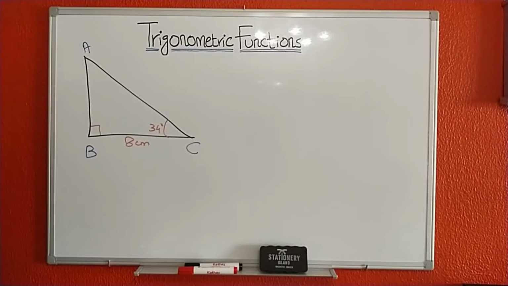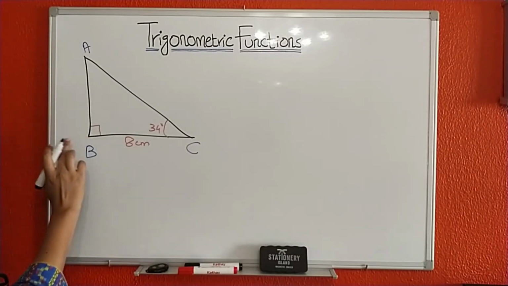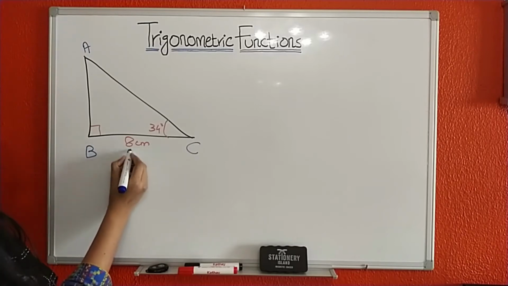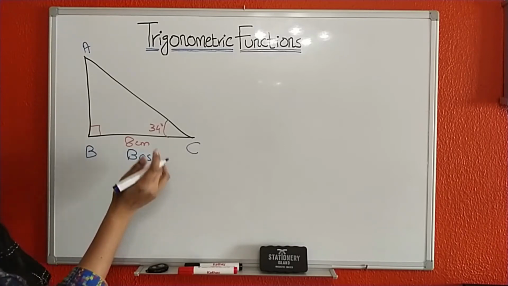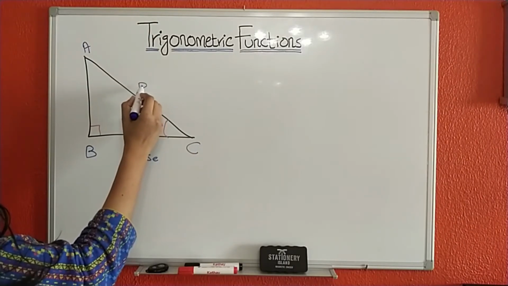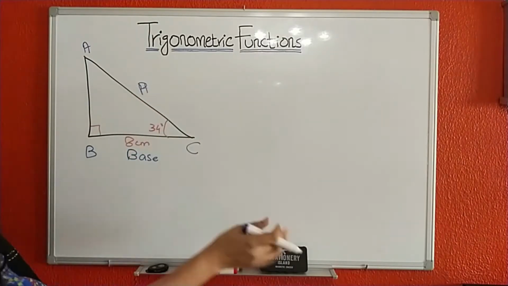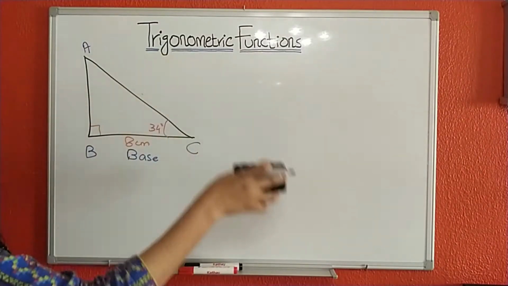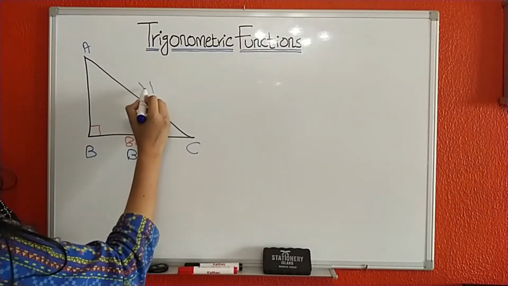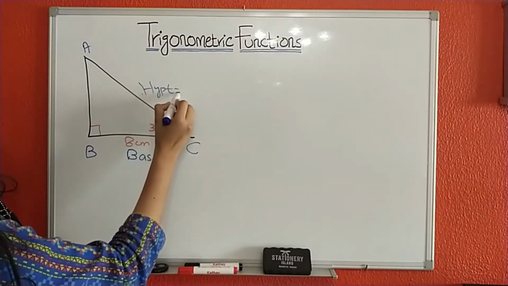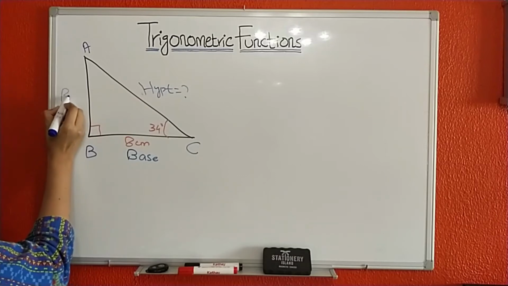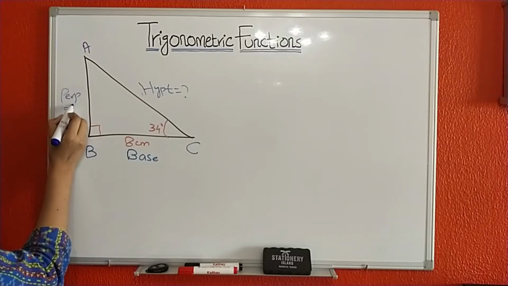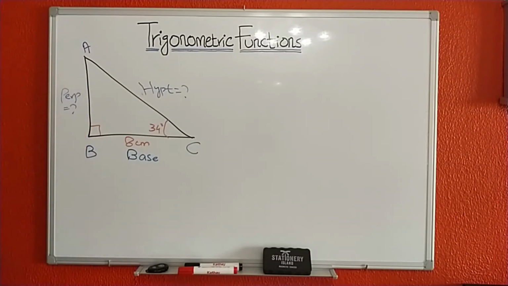So here I have a triangle. I have only the value of the base. I don't know the value of the hypotenuse, and I don't know the value of the perpendicular.